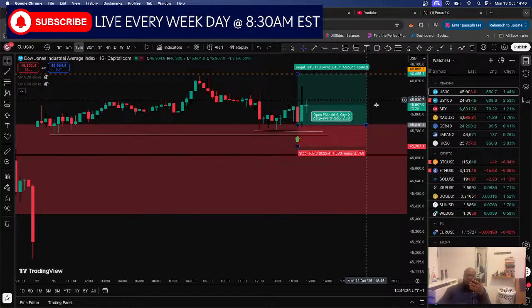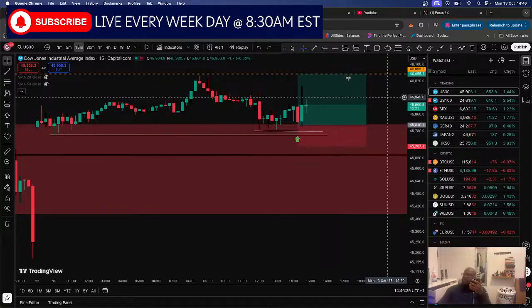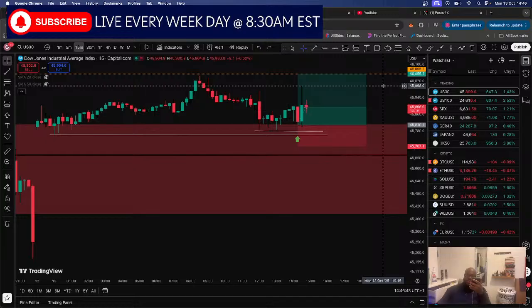Alright, I'm gonna start to believe hopefully we could push higher aggressively above the order block over the next 15 minutes. If not, this market's going back to break even.